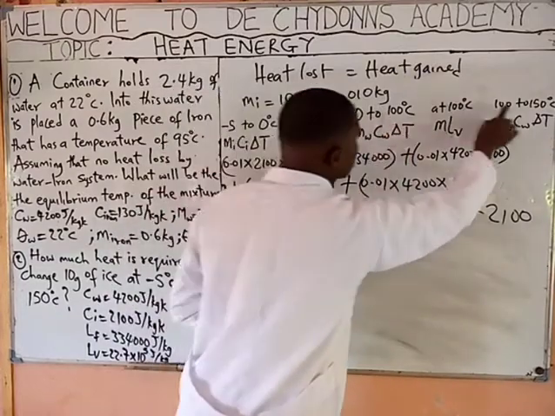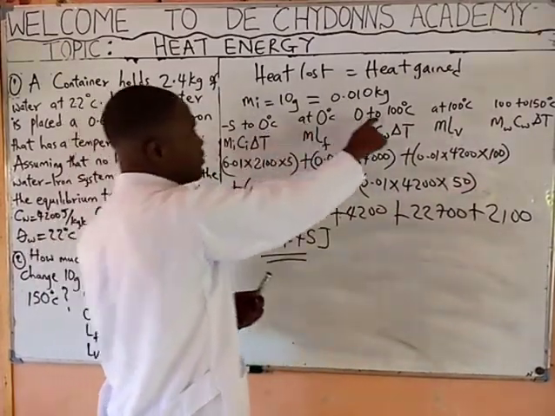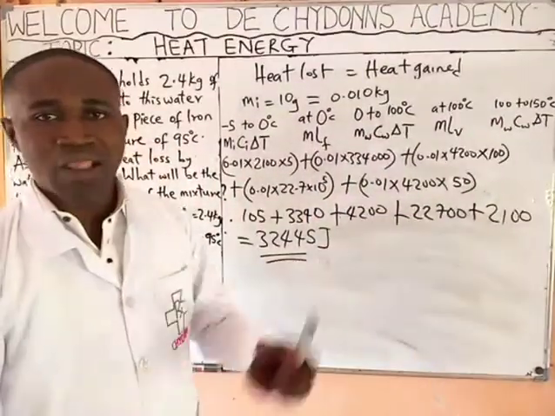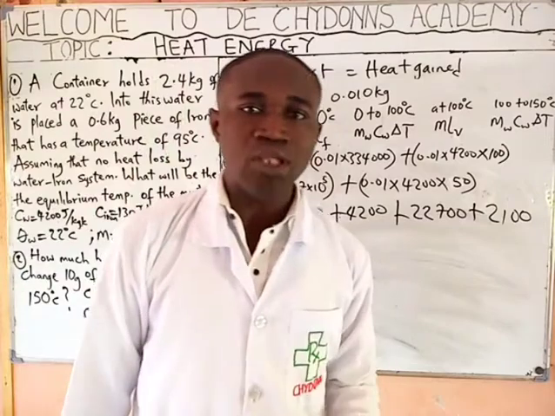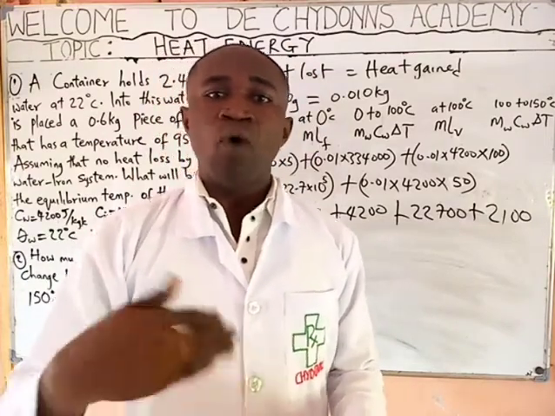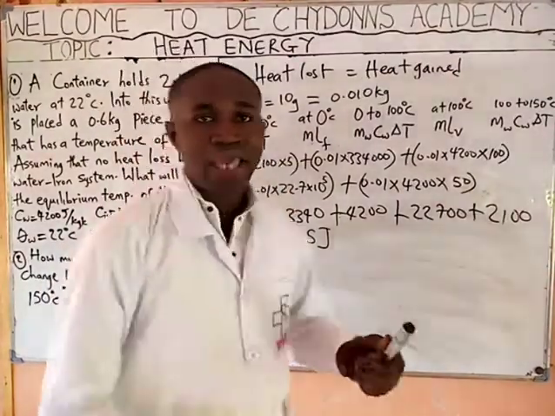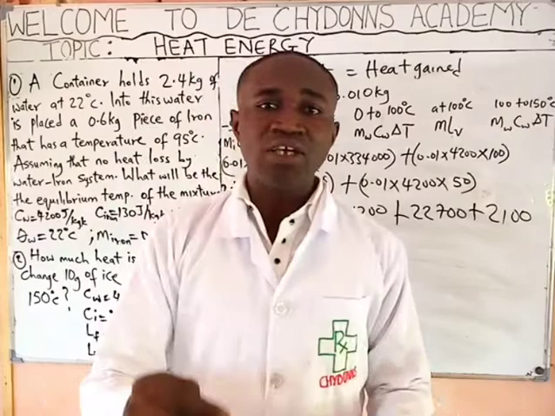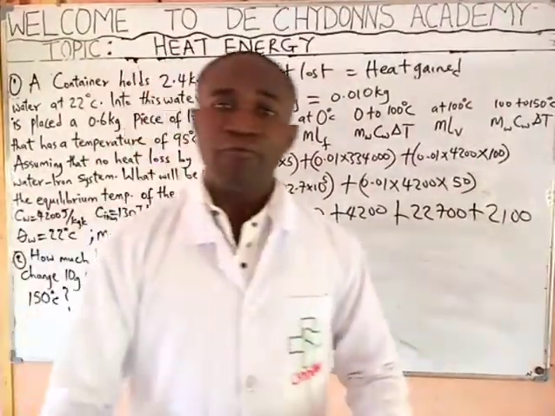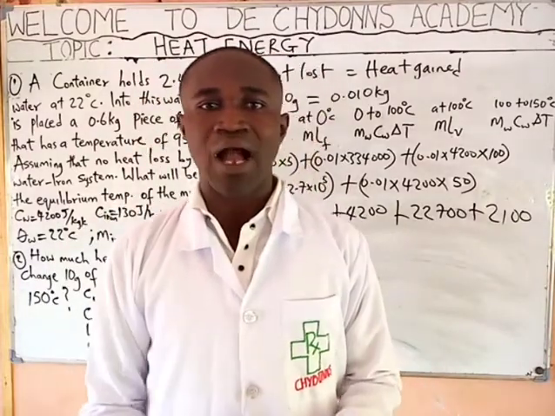You must start from here to here, plus this, plus this, plus this, plus this. Add them up. Whatever it gives you, that is the total quantity of heat. Don't even waste your time trying to convert your temperature to Kelvin, because after converting to Kelvin and you subtract, it will still fall down to Celsius. So leave it at Celsius and run your calculation.